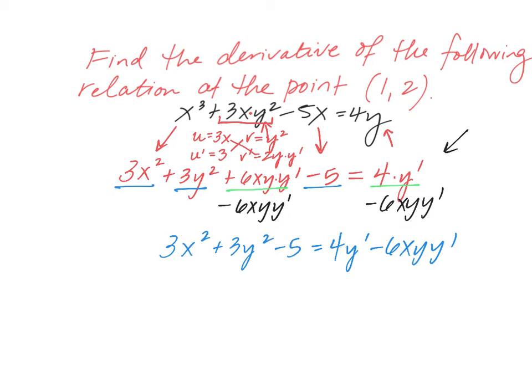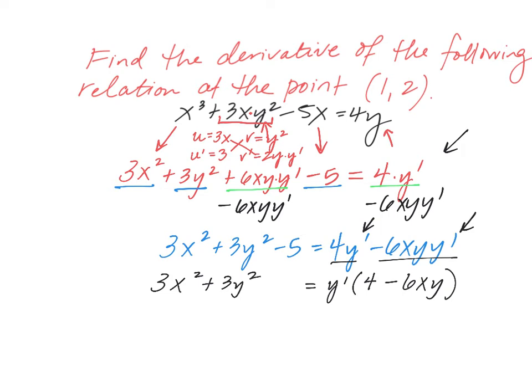Now, my reason for doing this is I need to isolate my y primes. And I'm going to be able to do that now because both of these terms have a y prime. So I'm able to factor y prime out front, and I'll be left with 4 minus 6xy. And then over here, everything will stay exactly the same. My final step is to get y prime by itself because I want to know what the derivative is, and y prime is the derivative.